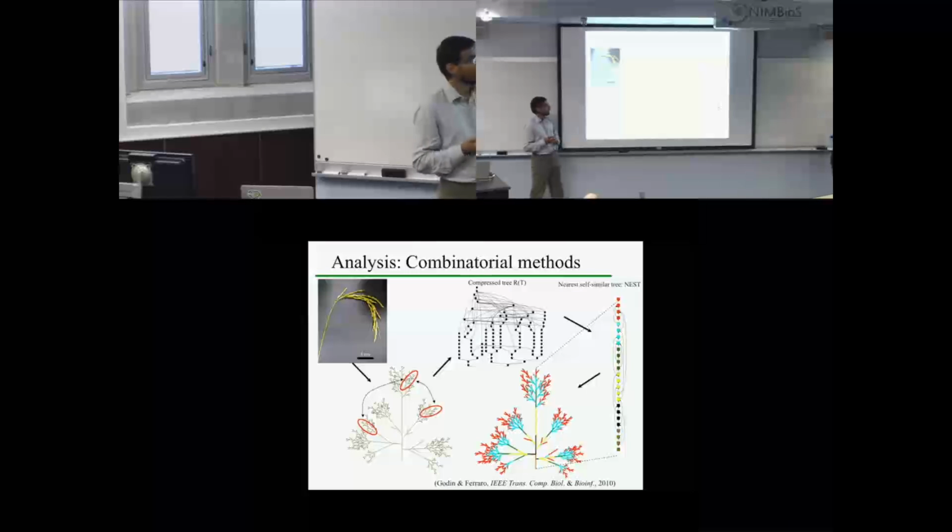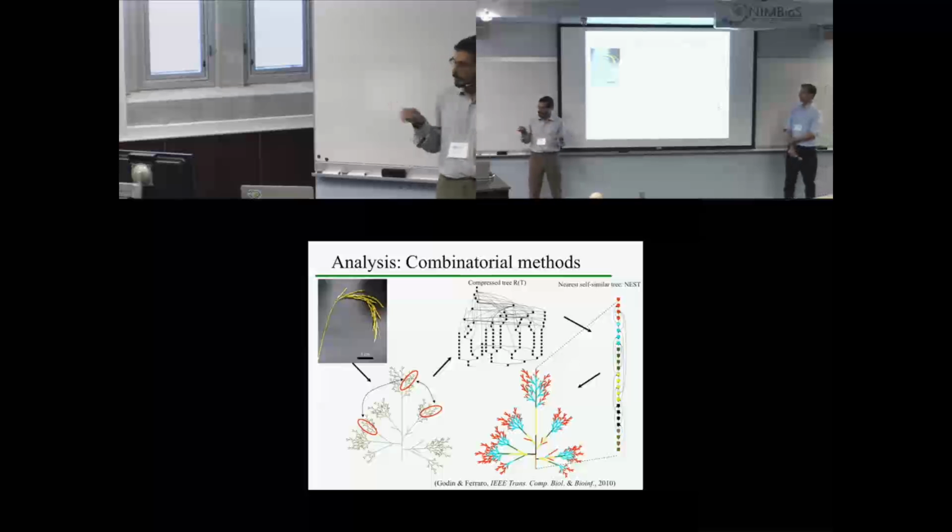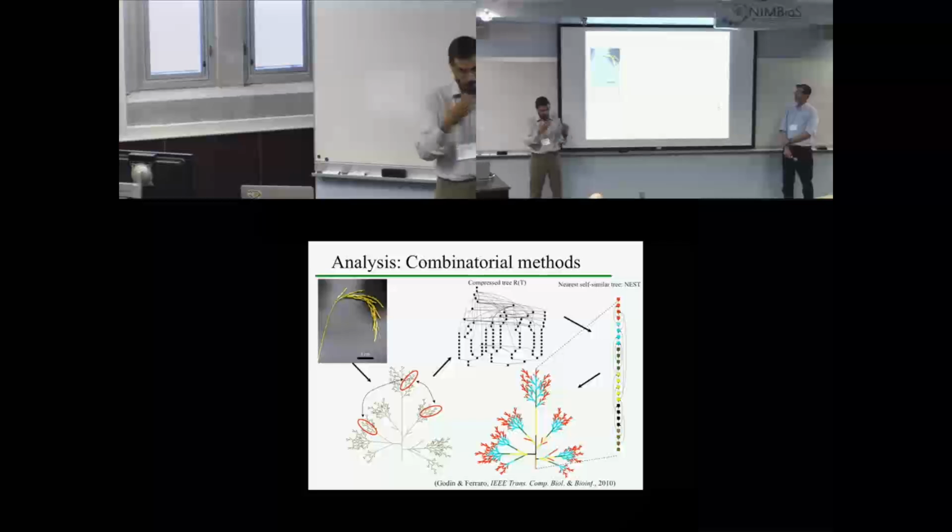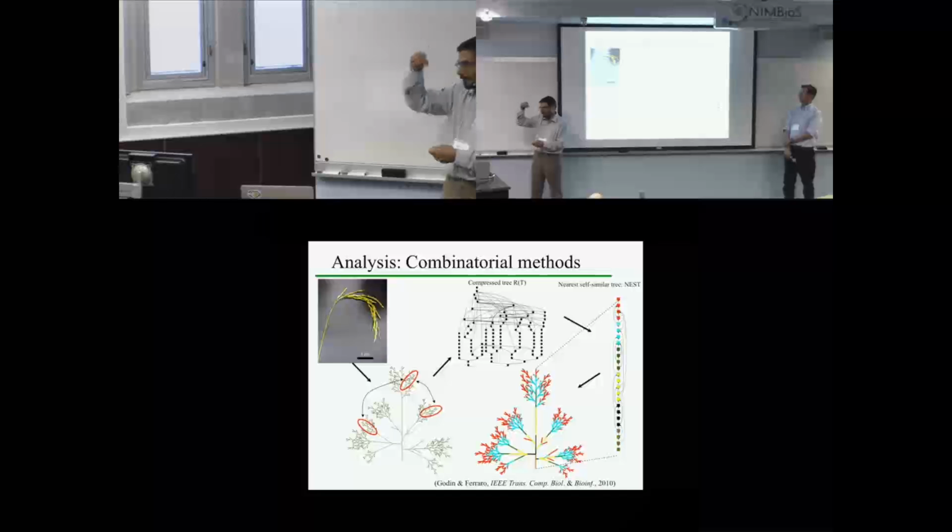So on this theme, Christophe Godin and Yann Guédon have worked on phyllotactic patterns. Based on phenotyping, they measure angles, and they see in a mutant of Arabidopsis that 10% of the plants do not follow the classical phyllotactic patterns.